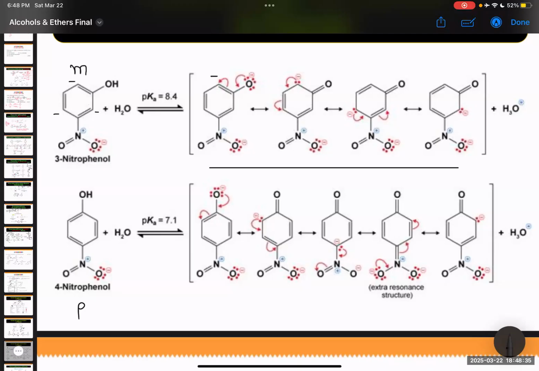Look, it is coming on ortho position, then on para position, and on ortho position again. But you can notice that it is not coming on the position where NO2 was there.